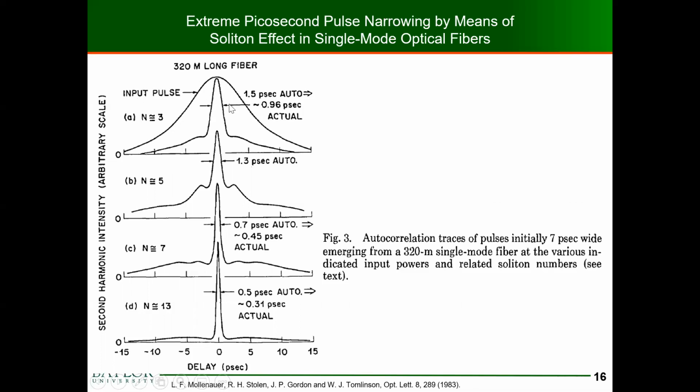It can be compressed if it's a high-order soliton N. The larger the pump power, the larger N becomes, and you can compress to a further narrower pulse. So in this case, I can use the nonlinearity and dispersion effects. They play together, so we compress the pulse.